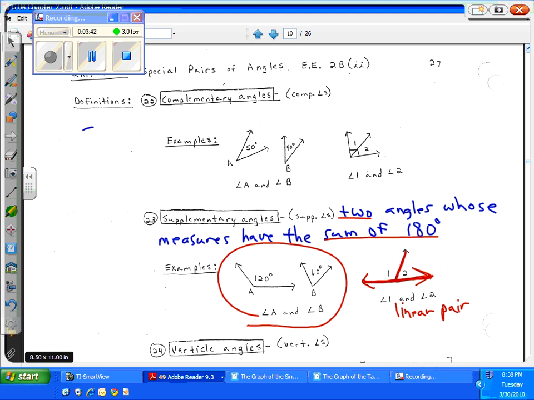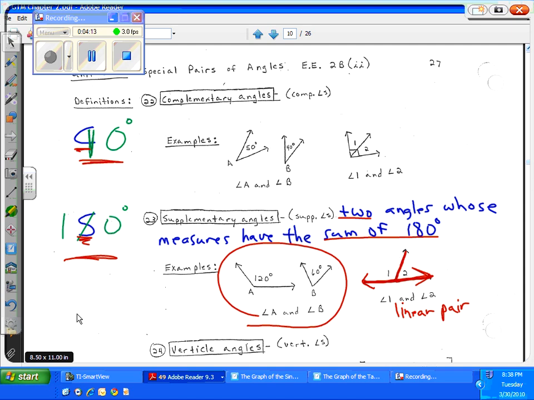Now, people have trouble remembering which one's the 90 and which one's the 180, and maybe this will help you a little bit. If we just go zing through the C and zing through the S, it kind of turns that C for complementary into 90 degrees and the S for supplementary into 180 degrees. Some people simply remember that C comes before S in the alphabet and 90 comes before 180.